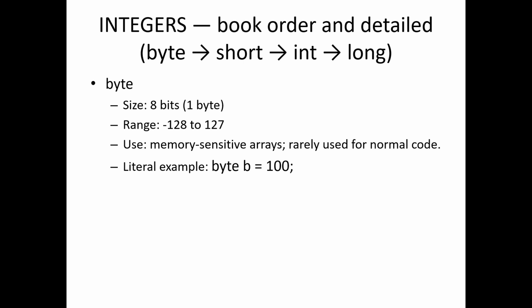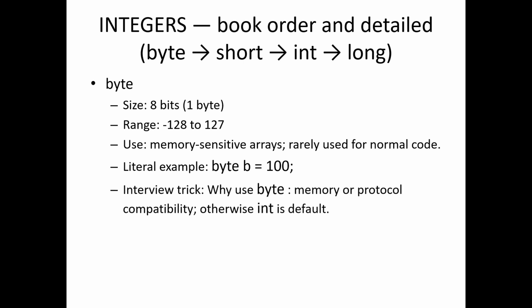As for the interview tricks, if they ask why use byte, you can say the answer is memory efficiency in protocols and huge arrays. Saving 3 bytes per element makes a big difference. For example, we are storing files, and Java uses int as the default primitive data type.